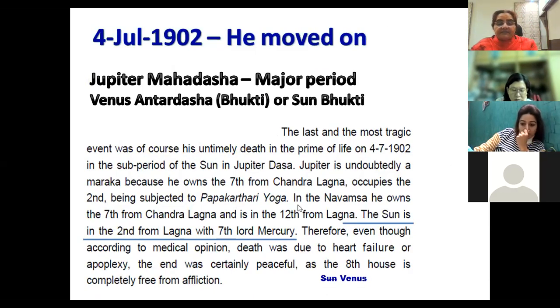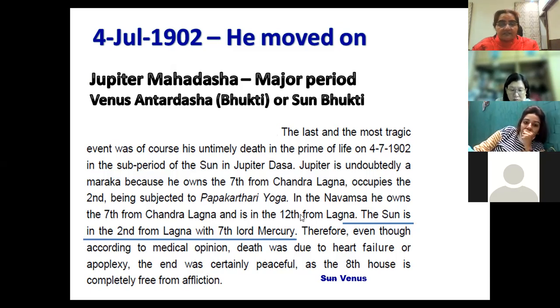Next is Sun. In the Navamsa, he owns the 7th from the Chandra Lagna. Another important thing is it is in the 12th from the Lagna. 12th from the Lagna is some other planet.